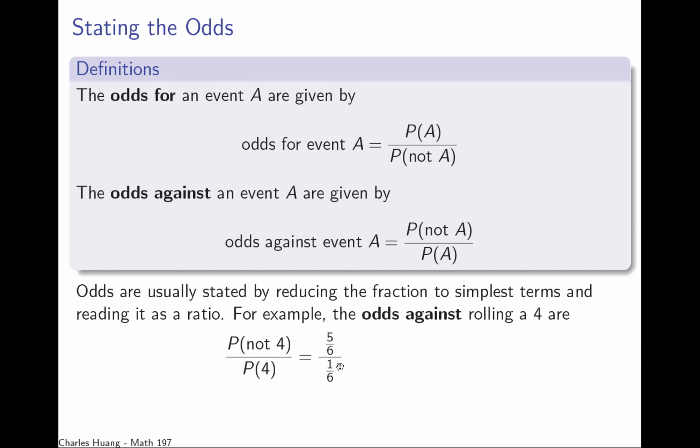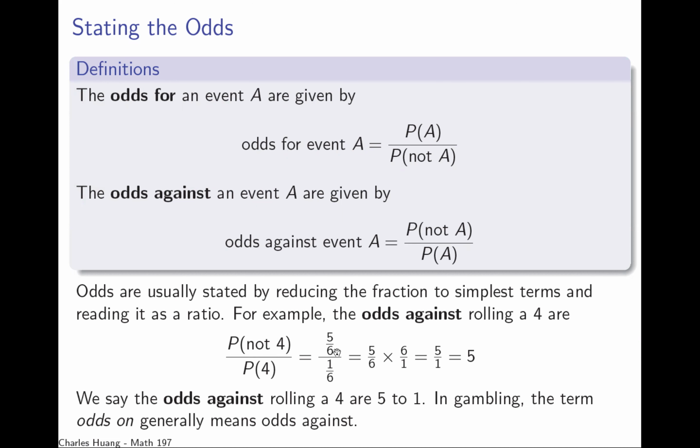And when we do this division, I multiply by the reciprocal, so I flip the denominator, 6 over 1, and I just get 5 over 1. If you think about it, that means a die has 6 sides.